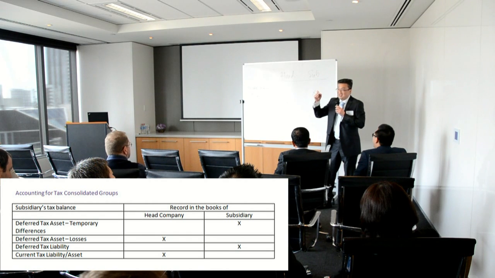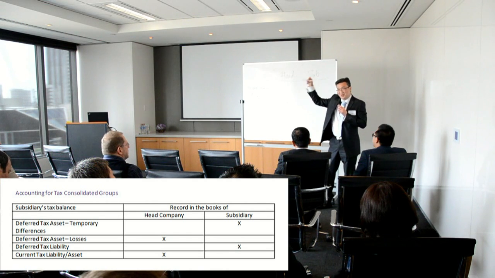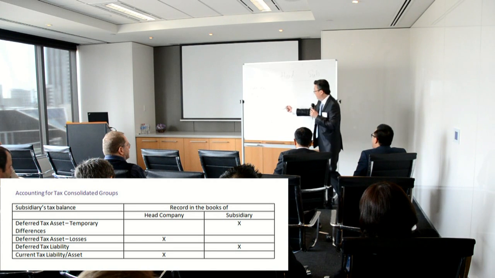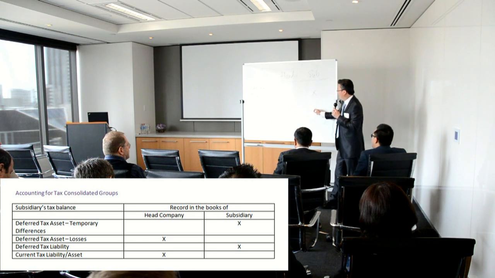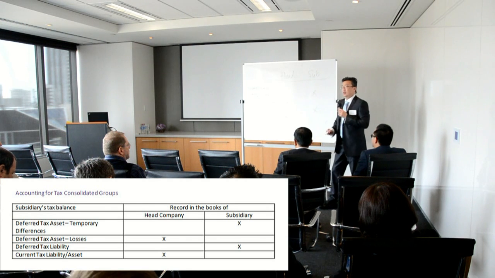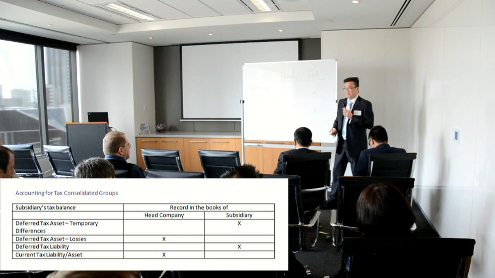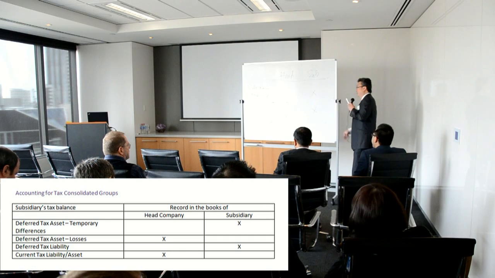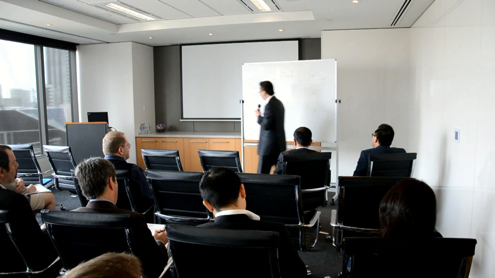Because under consolidation, losses are immediately assumed by the head company. Yep, okay with that. The deferred tax liability for temporary differences stays on the subsidiary's balance sheet. The current tax liability goes straight to the head company. Yep, because the head entity is liable to pay the tax.